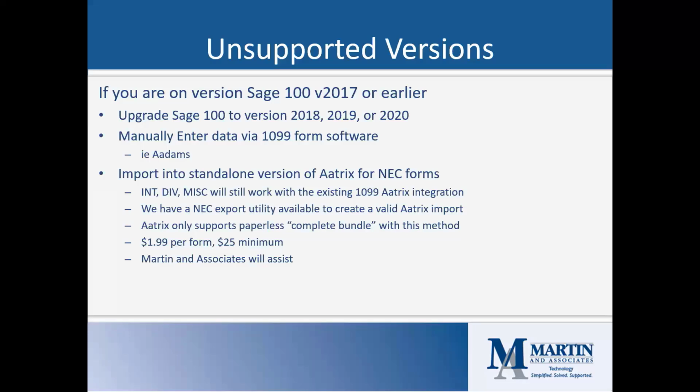Everything's mapped for you, and then you're still going through the same Atrix process. You're just going through it with the Atrix standalone versus the Atrix that is integrated with your 1099 printing out of Sage that automatically feeds data. So it's an export and then import process into Atrix versus just hitting the button and it happens in the background.